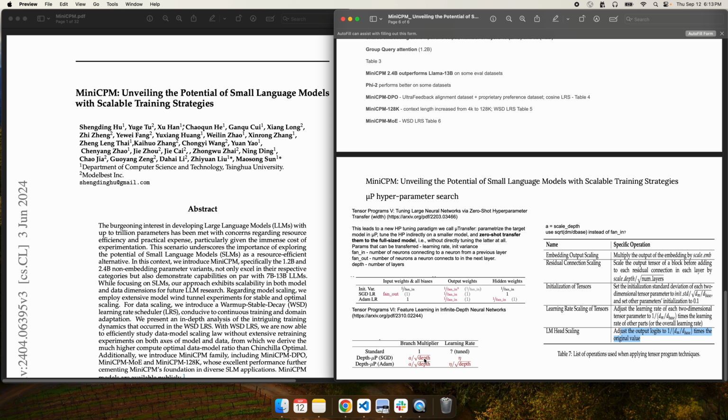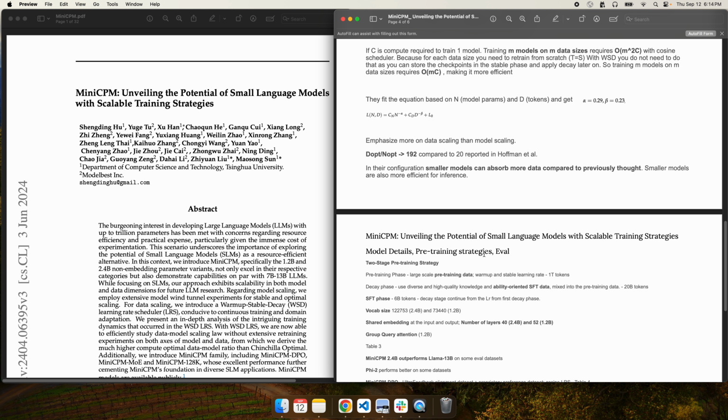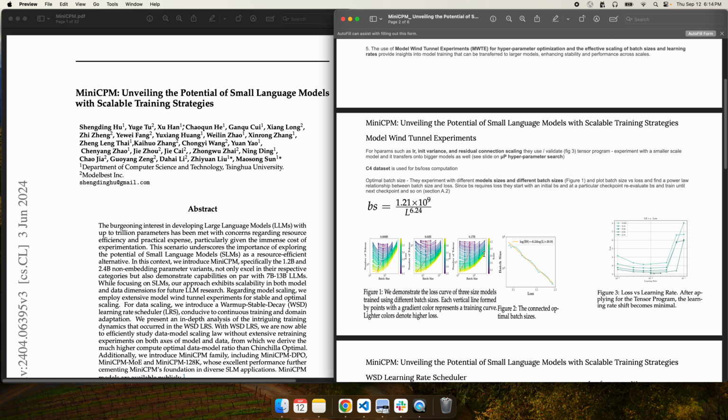Depth would be the number of layers, fan in would be the number of neurons connecting to a particular neuron from the previous layer, fan out would be the number of neurons a particular output is connected to. More details can be found in the paper, but they use this kind of hyperparameter search, and they find that they are able to use hyperparameters from a smaller model. They validate this with the learning rate, and they find that the base learning rate of 10 to the power minus 2 can, in fact, transfer across these different model sizes.